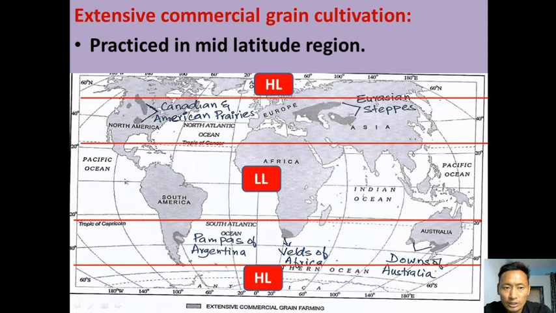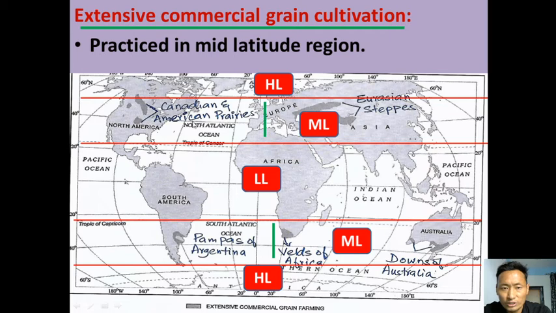And between 23 to 45 north latitude and south latitude, we can say mid latitude. Those countries which are located in between these two latitude zones are called mid latitude. ML means mid latitudes. So extensive commercial grain cultivation is mostly practiced in mid latitude regions.